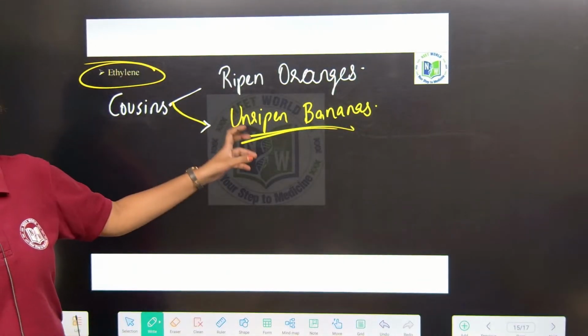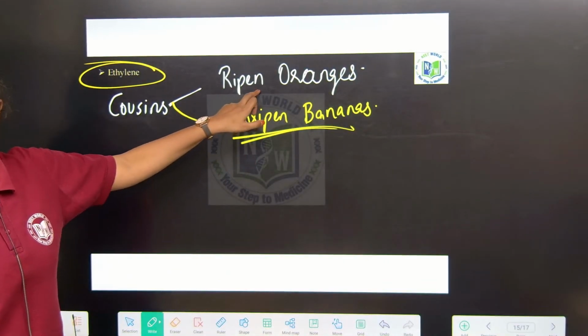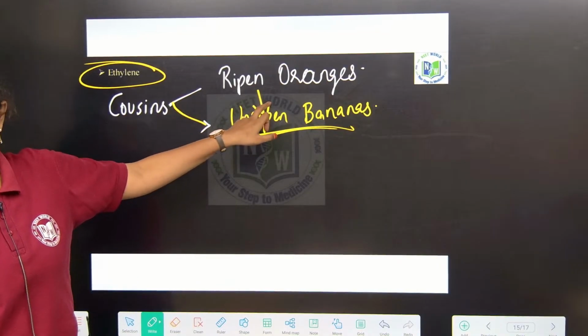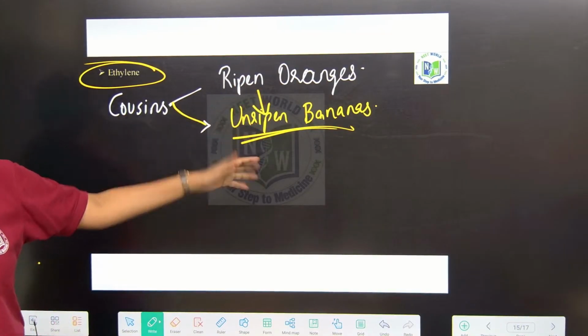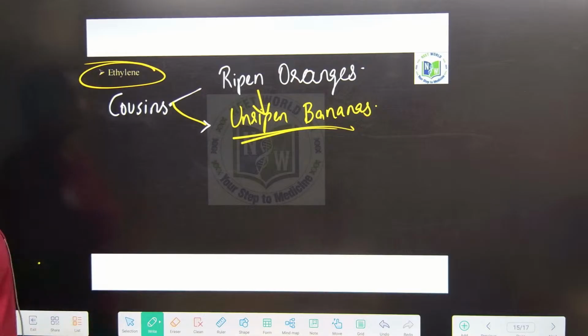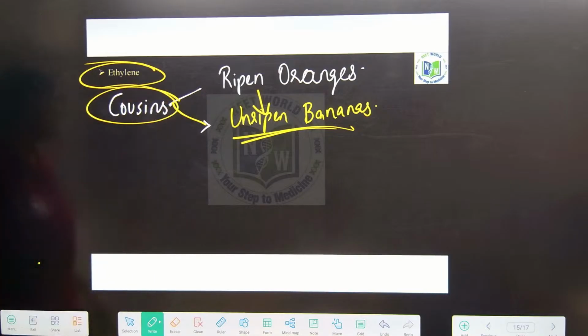There is some gaseous exchange from the ripened oranges to the unripened bananas, which made the bananas ripen. That is the observation made by the scientist Cousins.